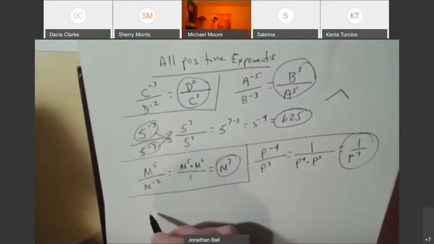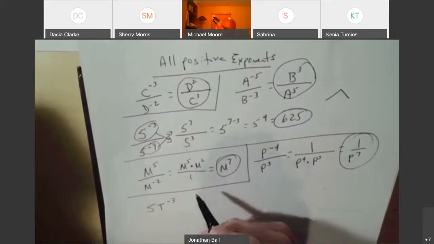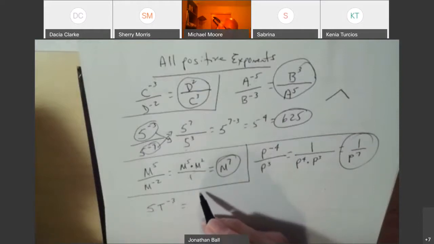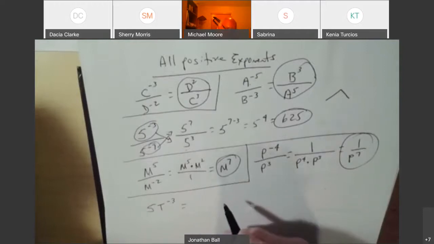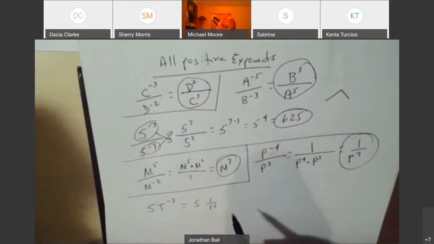Okay, now what if we have this? 5t to the minus 3rd power. Now remember, the negative 3rd power only goes to the t. It doesn't go to the coefficient there. So this is going to be equal to 5 times 1 over t cubed.